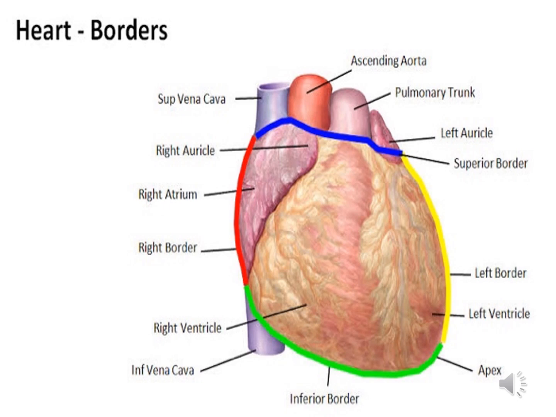The inferior border extends from the opening of the IVC to the apex, that is denoted by the green color. Next, coming to the left border. The left border extends from the left auricle to the apex, that is denoted by the yellow color. And the last one, the upper border, which is formed by the two atria, is denoted by the blue color.